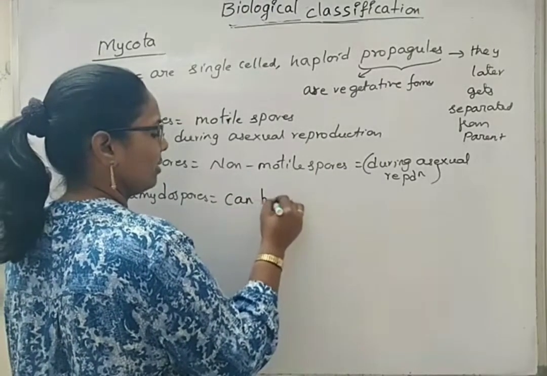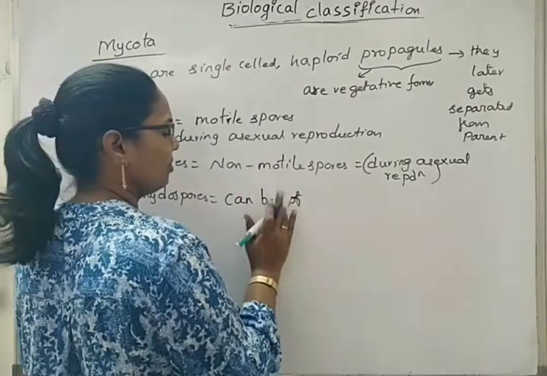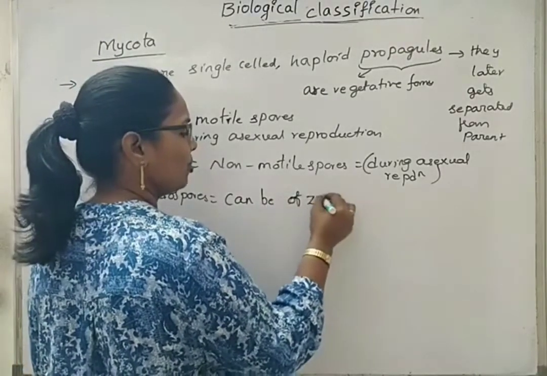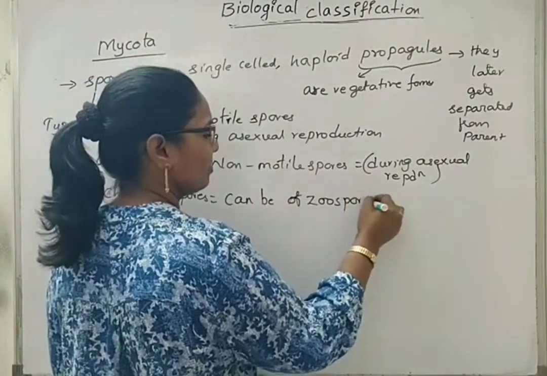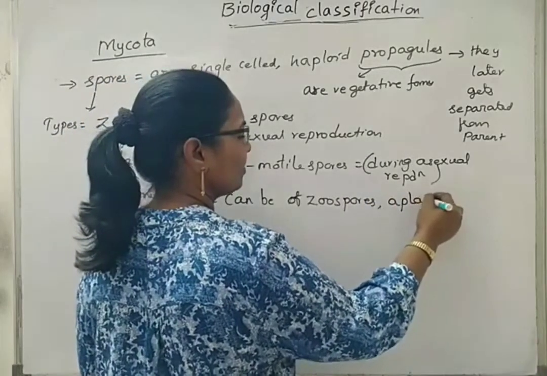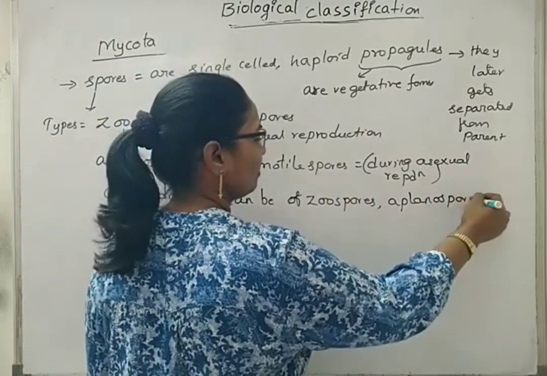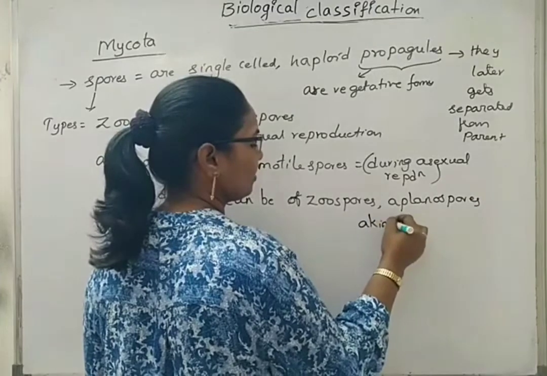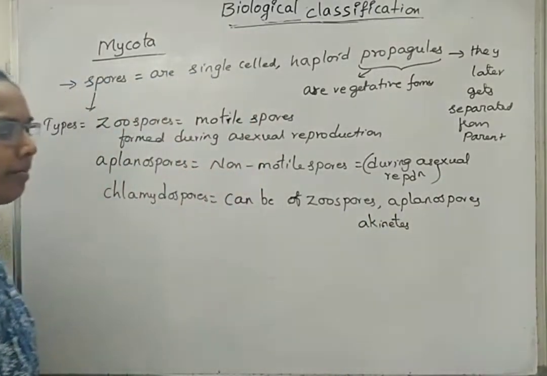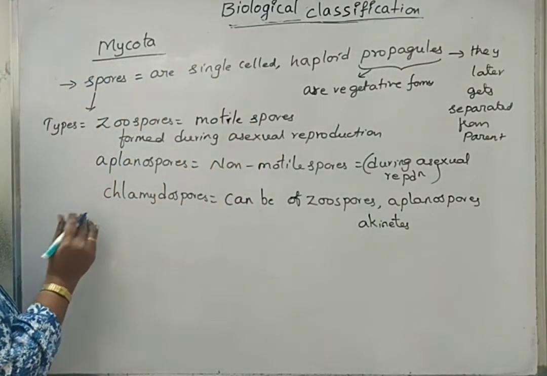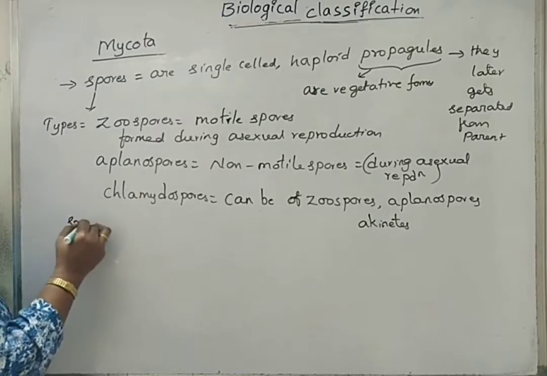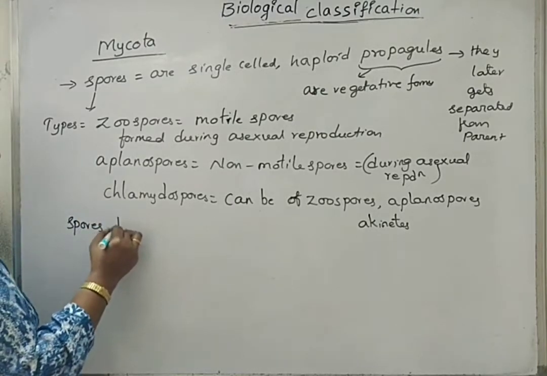So can be of zoospores, aplanospores or echinids. Now again, spores formed during asexual reproduction.